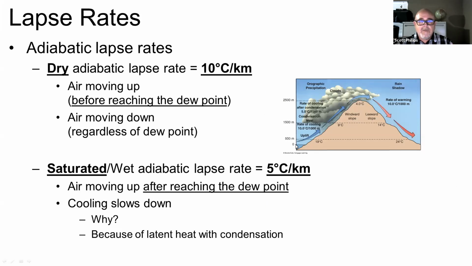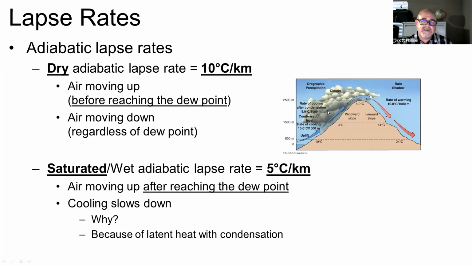There is what's called the dry rate. The dry rate is the rapid cooling of the air as it moves up and becomes uncompressed. That's 10 degrees Celsius per kilometer. However, once you reach the dew point and condensation occurs, that releases heat, and that release of heat will slow down the cooling to 5 or 6 degrees.